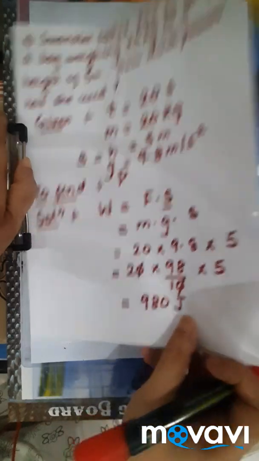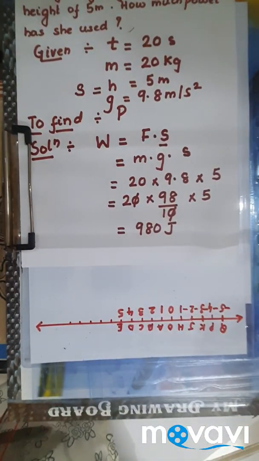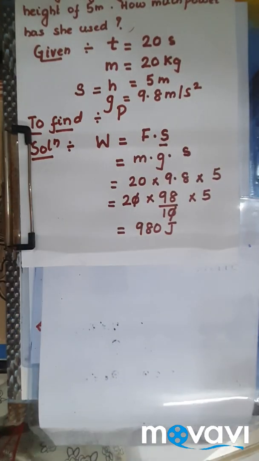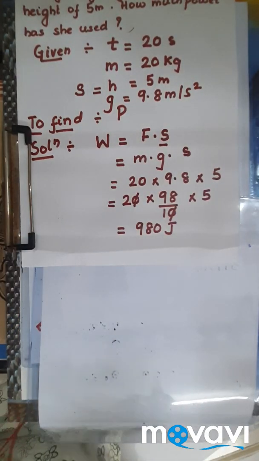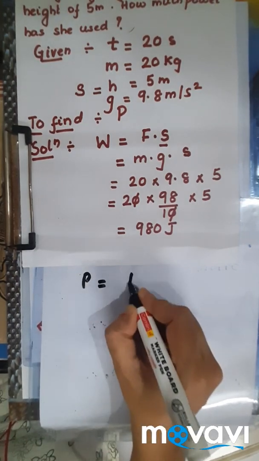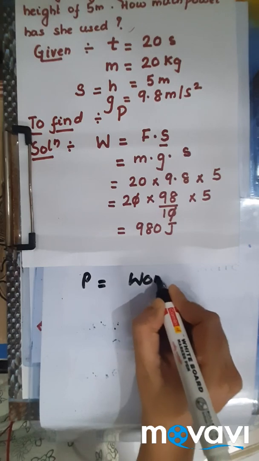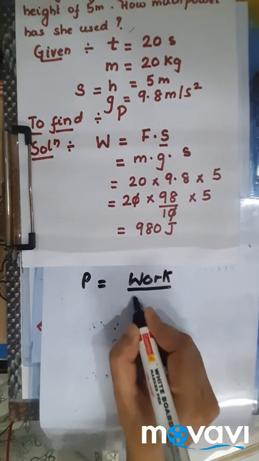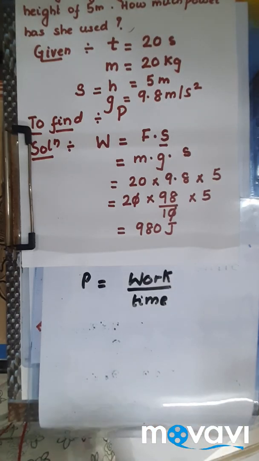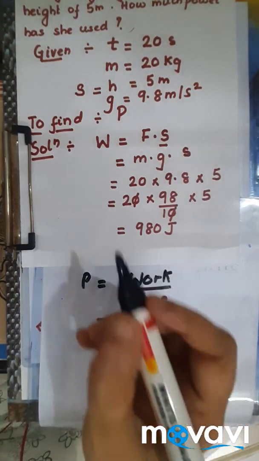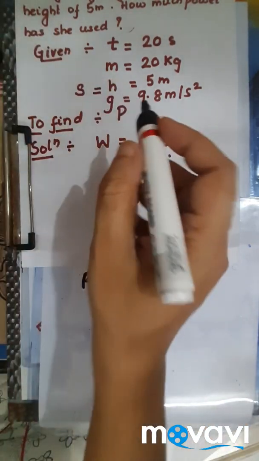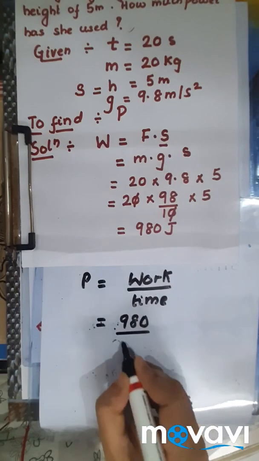Now what is the power? How much is the power? Power is equal to work upon time. Okay, so let us find out how much is the power. Power is equal to work done upon time taken. Remember, time always has to be in seconds. Now how much is the work? Work done is 980. Time taken to do the work is 20 seconds.